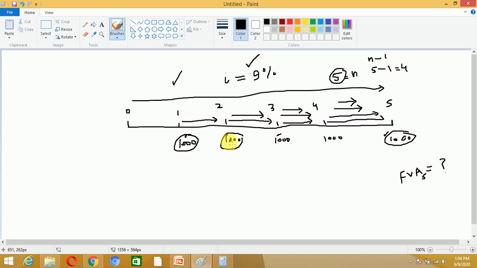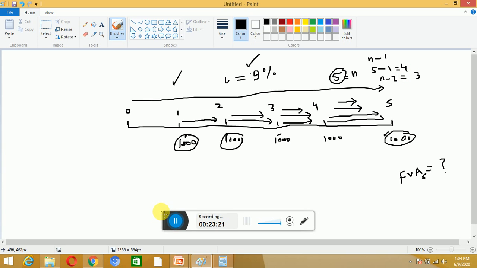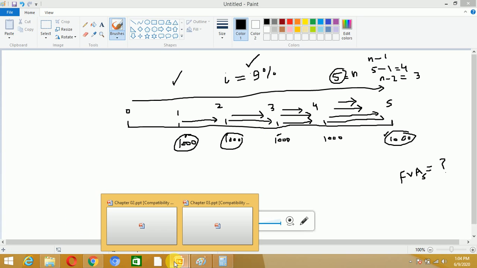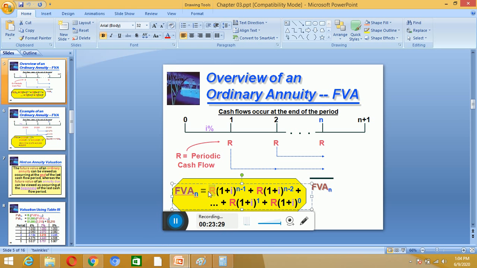On this $1,000 you will receive interest for 3 years, so it will be n minus 2, means 5 minus 2, so it becomes 3. Okay, so look at the formula. It is R(1 plus i) raised to the power n minus 1, means for the first year you will receive interest n minus 1 times, means total number of years are 5, so 5 minus 1, it will be 4.